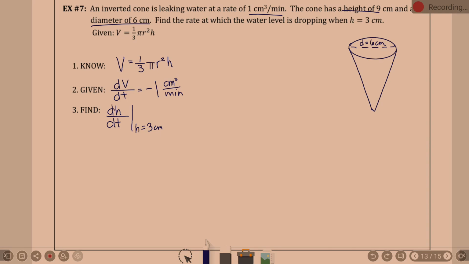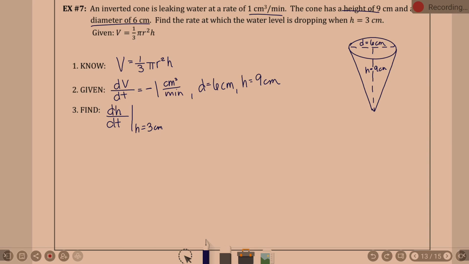And we were given a height of 9 centimeters. So yes, these do fall in the given pieces of information.